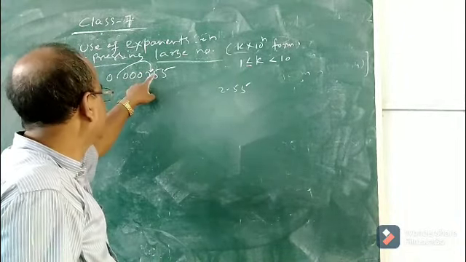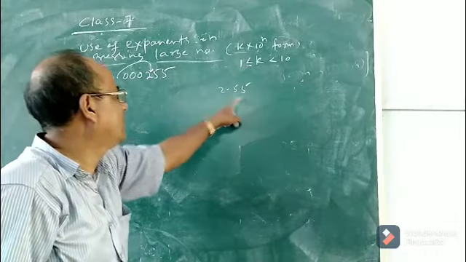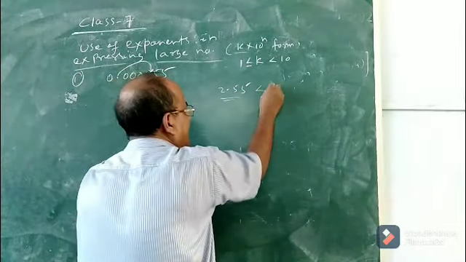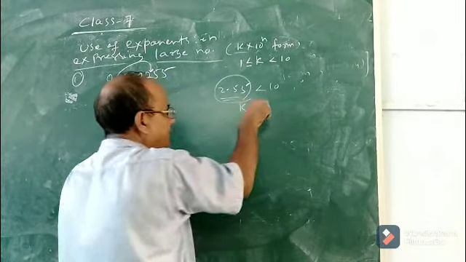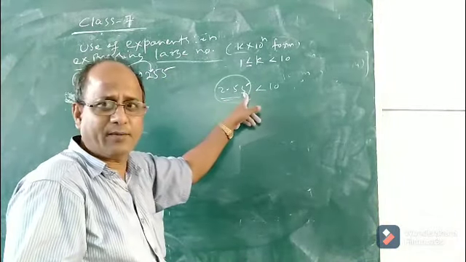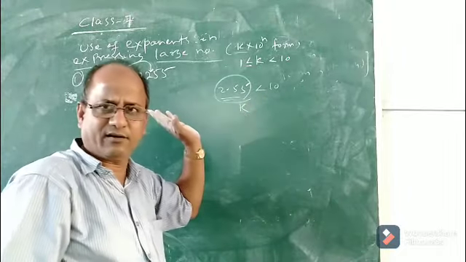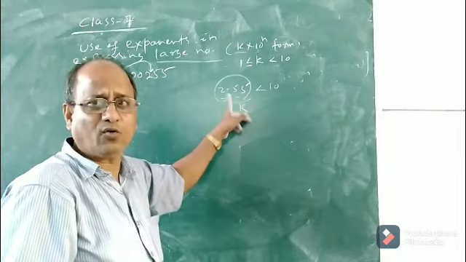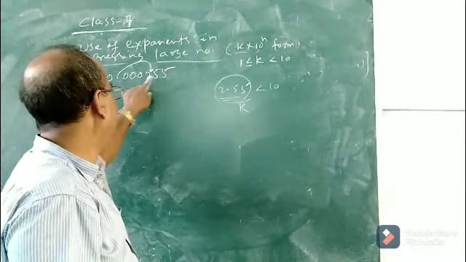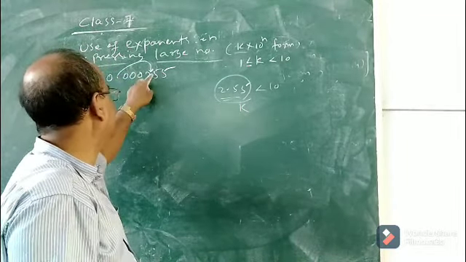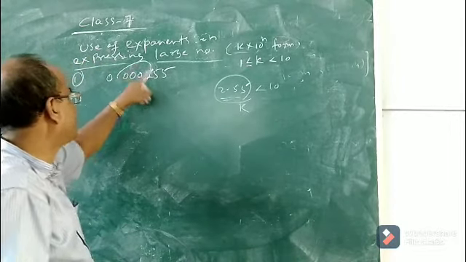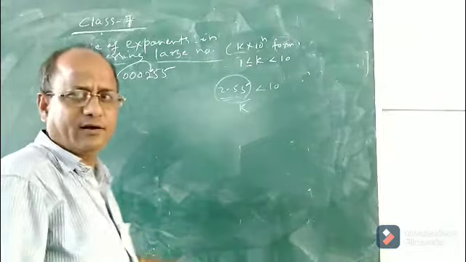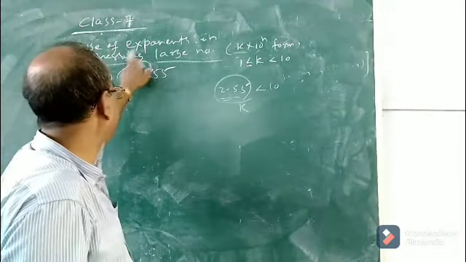If this point is shifted to this place, then this will become 2.55, and this is less than 10 and greater than 1. So this will be the value of k. Now how to get it? It is 0.000255 and you want to shift this point here. Then only it will come in this form, k into 10 to the power n. Now the point is how to shift this point here.